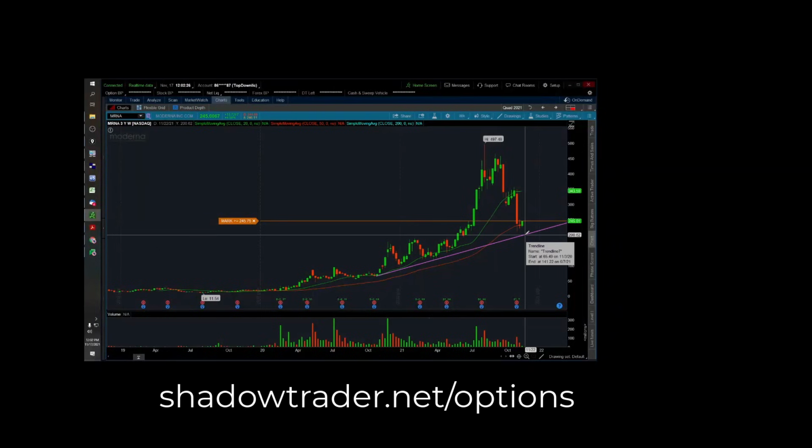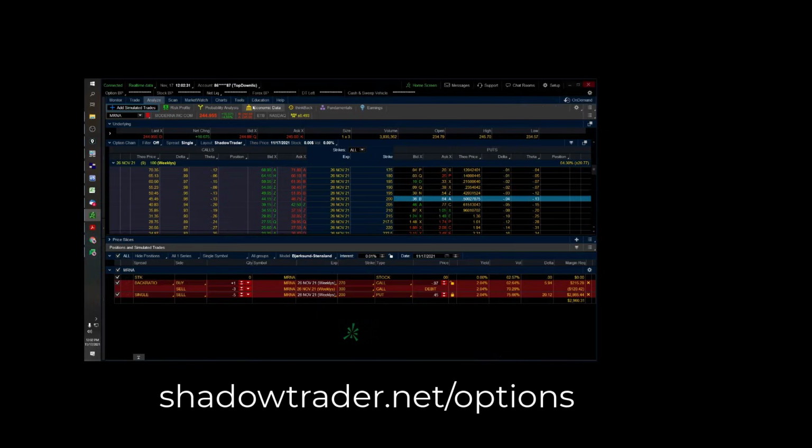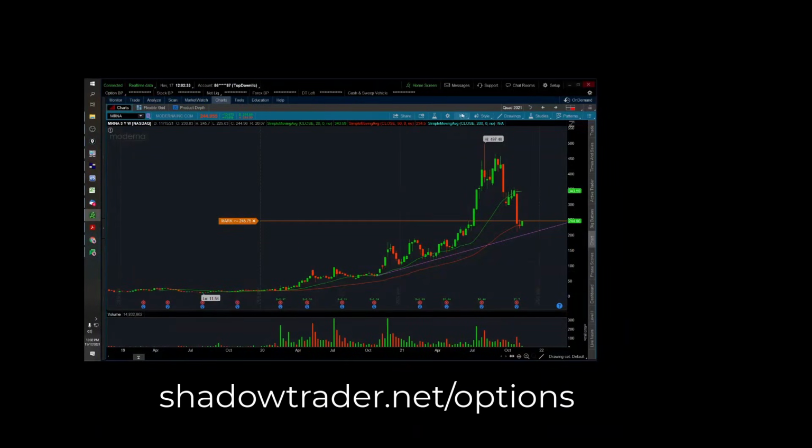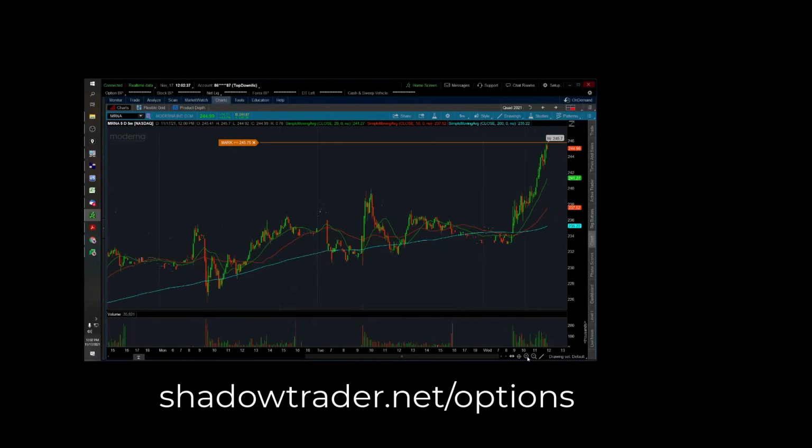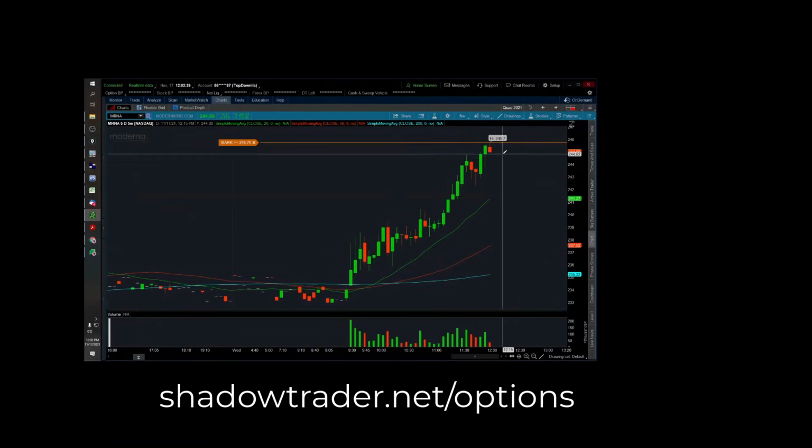Here's classic trend right here, and there it is. So maybe it makes sense to do that sooner rather than later, just the put side, and then we wait for the break on the 246 and do the call side. Because remember, you want to do the call side later because you want the stock to be up to put more credit into the upper strikes. So that would make sense.